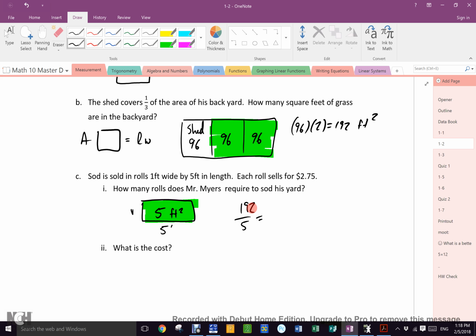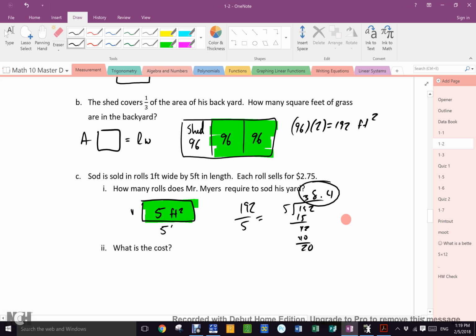This is when I watch everybody writing it down, and I wait for somebody to do 192 divided by 5. Or I can do it longhand. 3, 15, 42, 8, 40, 2, 0, 38.4.